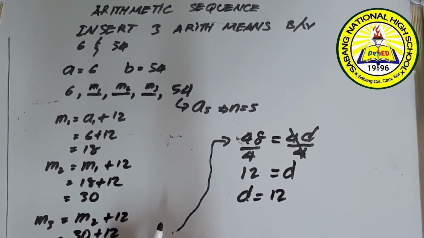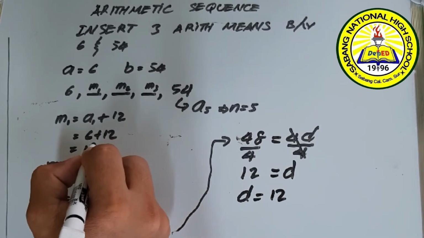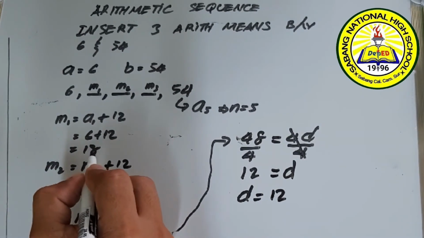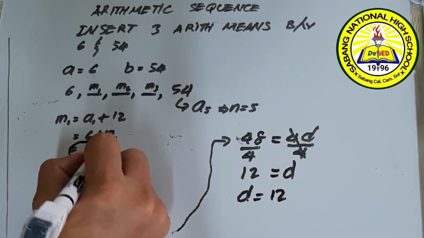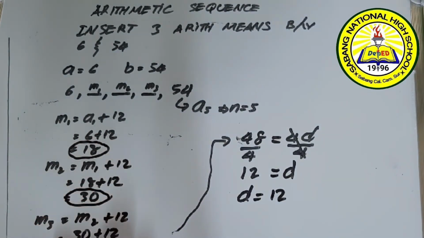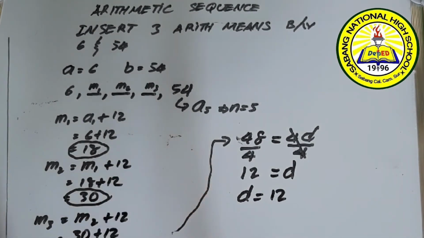Therefore, the three arithmetic means between 6 and 54 are 18, 30, and 42. That is how we find an arithmetic mean by using the formula of an arithmetic sequence.